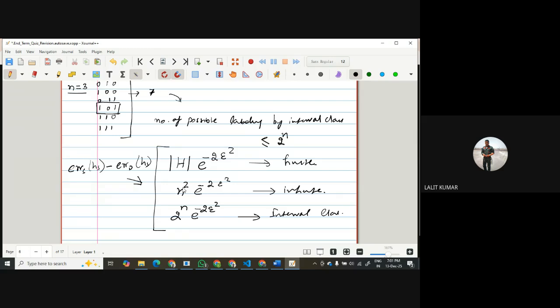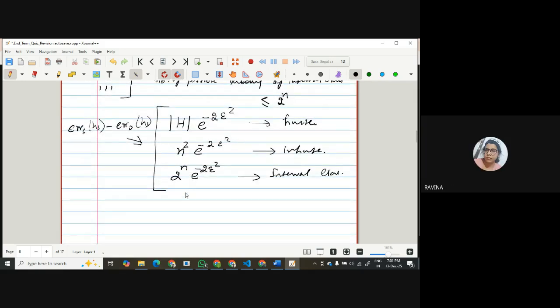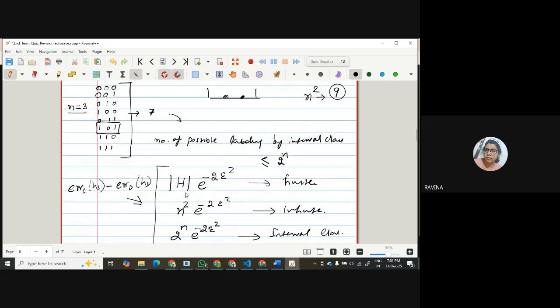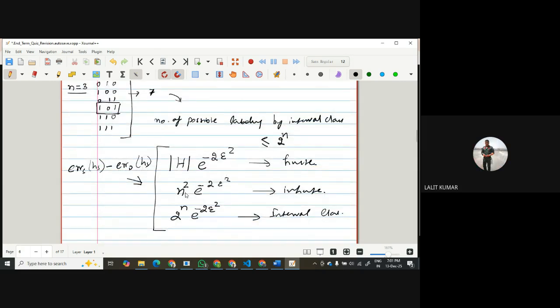Surupi, any question in this? No question. But this is only valid for binary classes. Ravina, if you recollect, in machine learning all our models, for example logistic regression or decision tree, are binary classifiers.